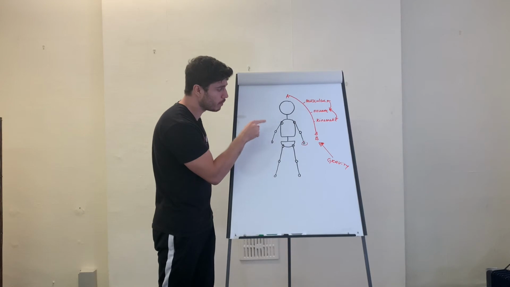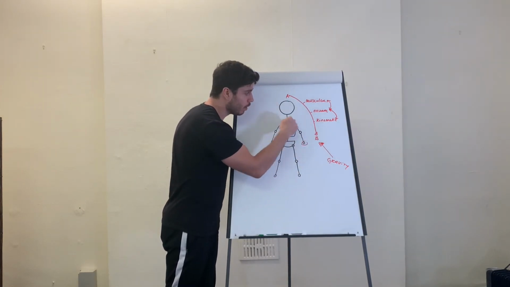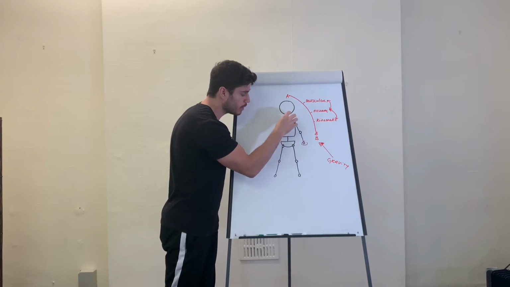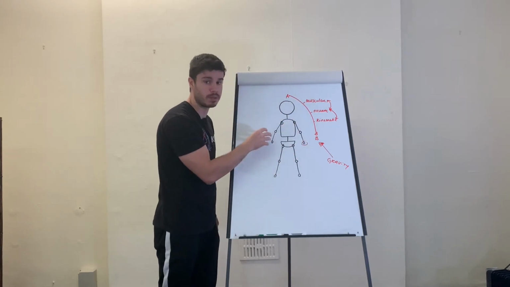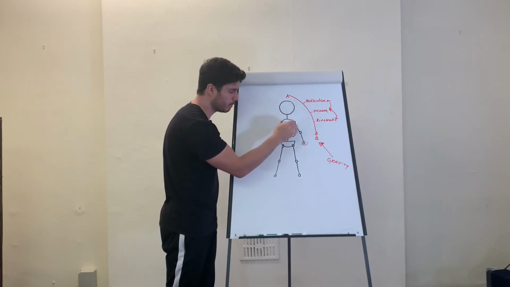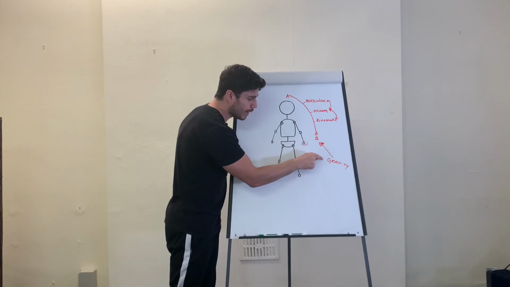Now, if we describe it this way, we understand that because gravity is constantly acting on my system, and again, we're looking at this within the context of the upper limb only, I understand that there's lots of things happening throughout the body at the same time, but to keep it simple, we have to look at it from a body region standpoint. Gravity is always acting on our body.